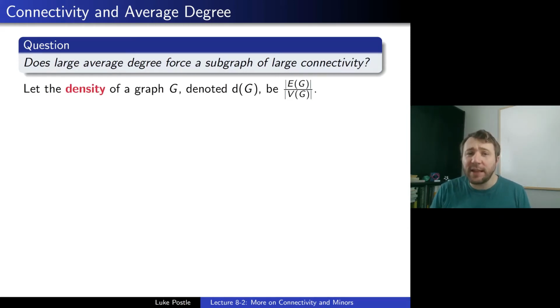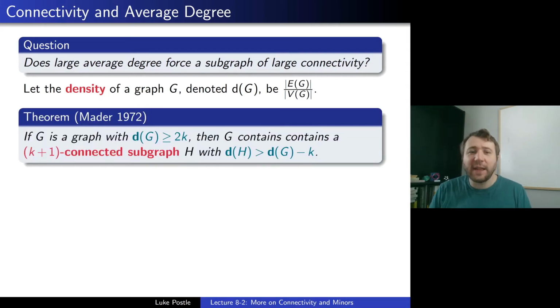To do that, let me state the theorem with the notion of density. Let the density of a graph G, denoted d(G), be |E(G)| over |V(G)|. Then here's a classical theorem of Mader from 1972: if G is a graph with density at least 2k, then G contains a (k+1)-connected subgraph H whose density is at least the density of G minus k.